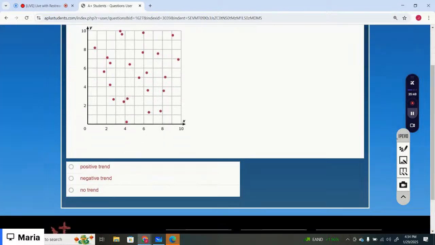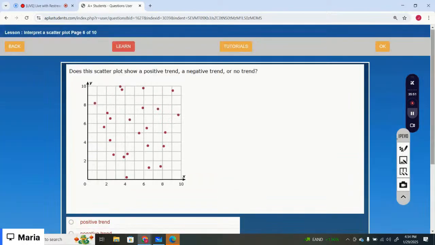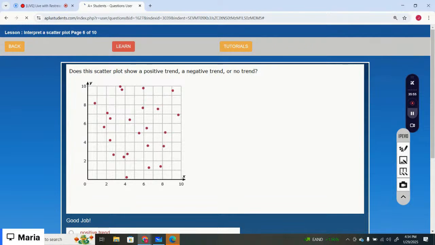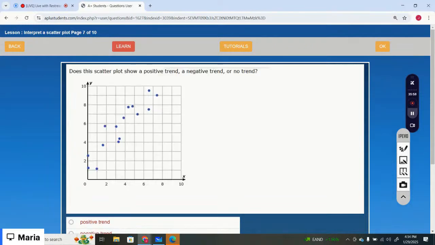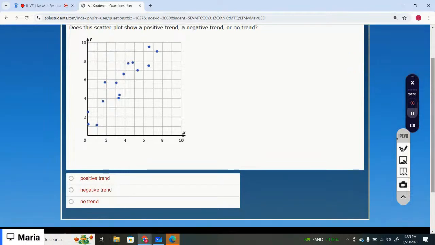No trend it is. The correct option is no trend. That is the positive trend.